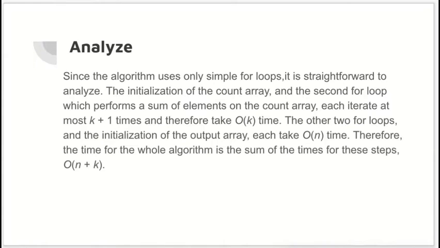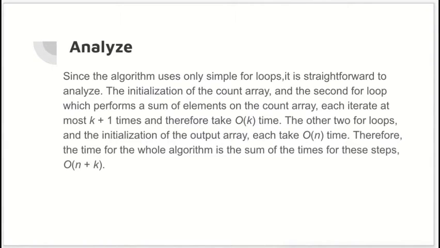For the analysis, since the algorithm uses only simple for loops and it is straightforward to analyze, the initialization of the count array and the second for loop, which performs a sum of elements on the count array, each iterate at most k plus 1 times and therefore take big O of k time.